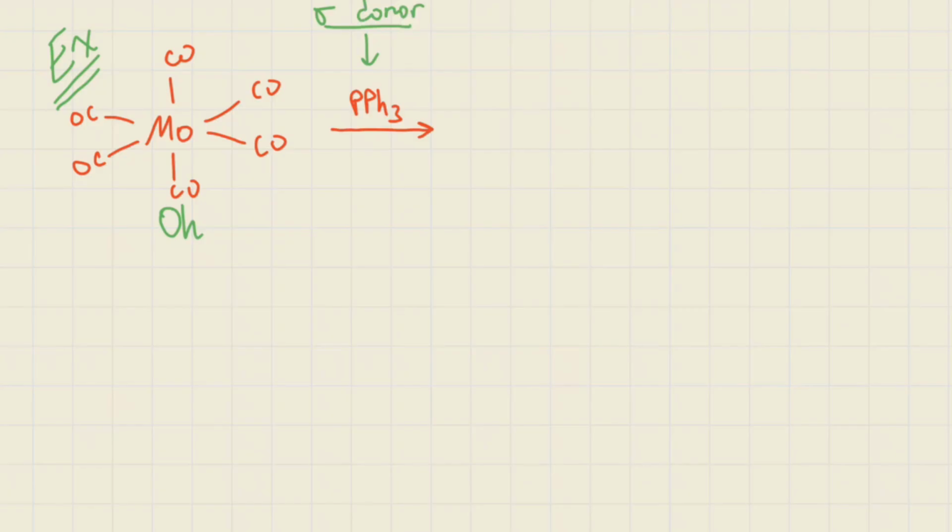It binds to the metal center, donates electrons, and the metal center of the complex becomes more electron rich. If we react the complex, we will add one PPh3, and we have the CO molecules here, okay?